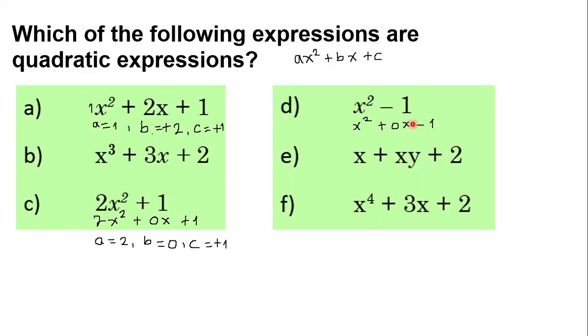This expression is just as good as this. So 0x means 0, so this will collapse to 0, and we end up having x squared minus 1 as given here. So the values of a, b, and c therefore are: a is equal to 1, b is equal to 0, and c is equal to minus 1.